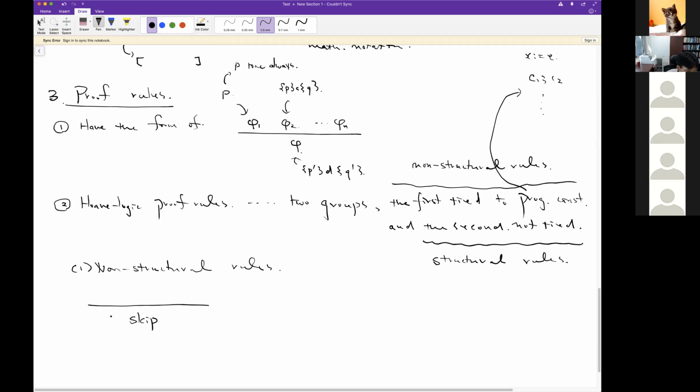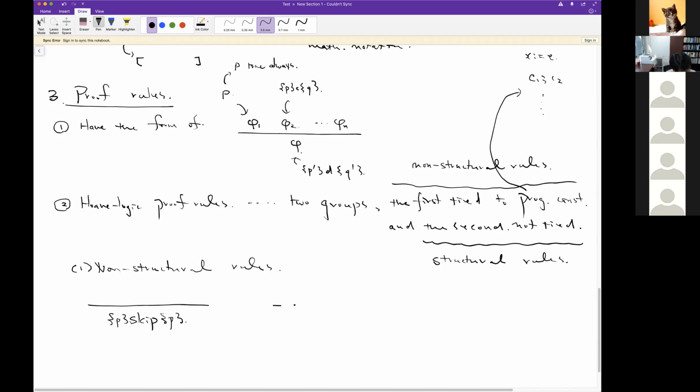The rule says if we just put the same pre and post condition, we can have a proof. Why is this the case? If P is true initially, then skip doesn't do anything, it terminates with itself. So P has to be true finally as well, because skip doesn't do anything.